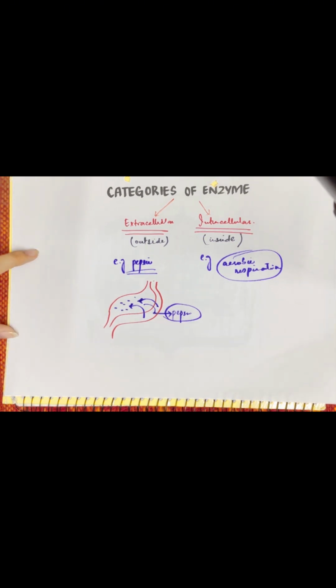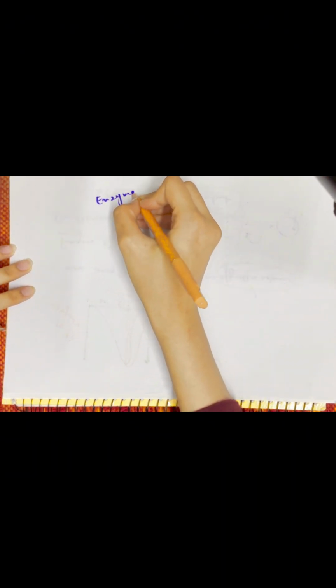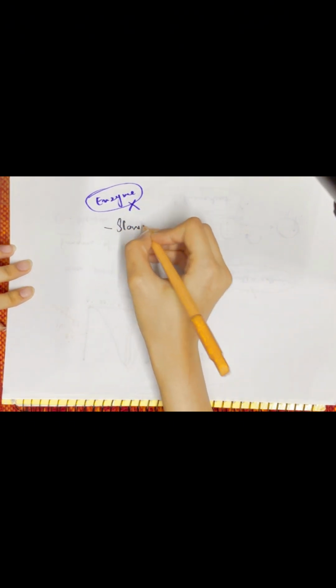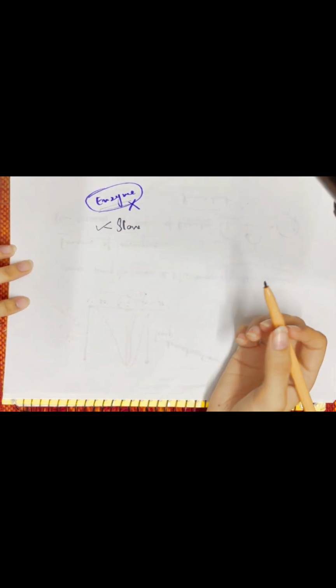One thing that we need to discuss before we end the lecture is how we get to know what would be the consequences if the enzyme is not involved in a reaction. One of them is that the reaction would be very slow. In any reaction in which the enzyme is not included, it becomes very slow.